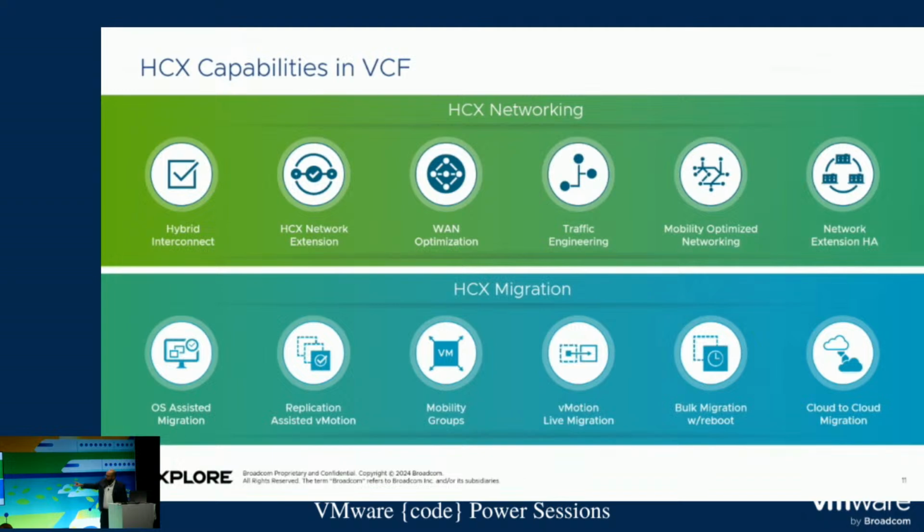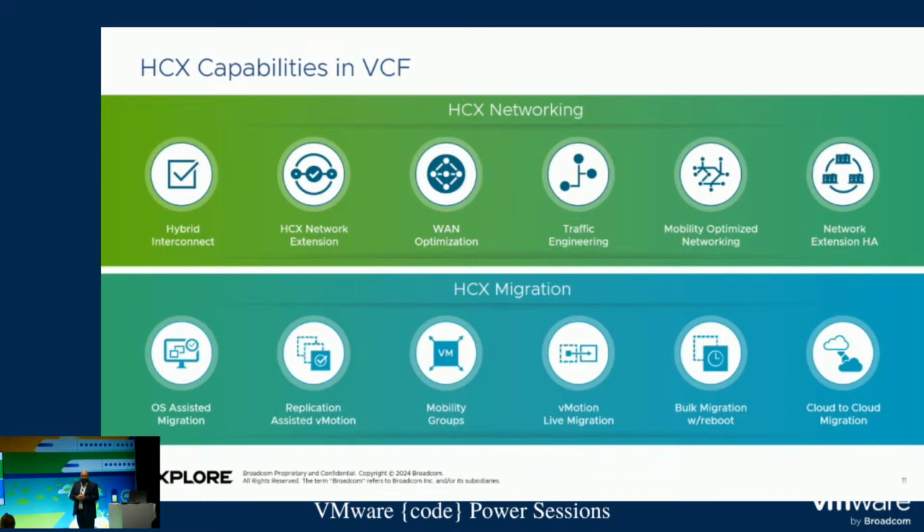OS Assisted Migration is our conversion. If I have a KVM or Hyper-V, it is agent-based. I need to install some agents on the Linux or Windows machine, and then it's going to talk and convert. I can do vMotion live migration with dedupe compression. This helps a lot. If you have a Windows machine, you can compress and dedupe, and the same later on Linux binaries.